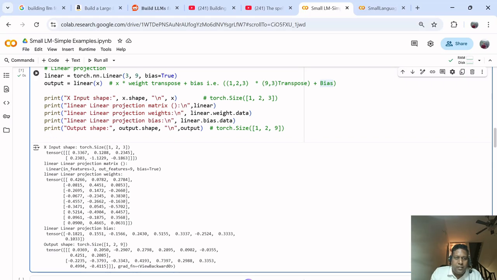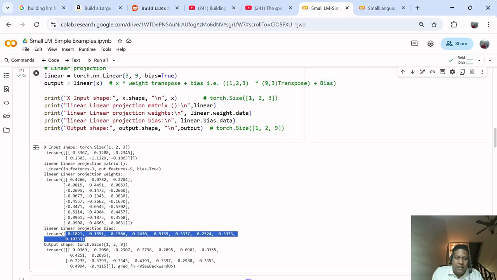So that's what you see here. This is the weight matrix, which is 3 by 9. And when we do a transpose of this and multiply for the linear projection, this is going to result in this tensor of size 2 by 9. So the 2 tokens are now in the 9-dimensional space instead of 3-dimensional space.